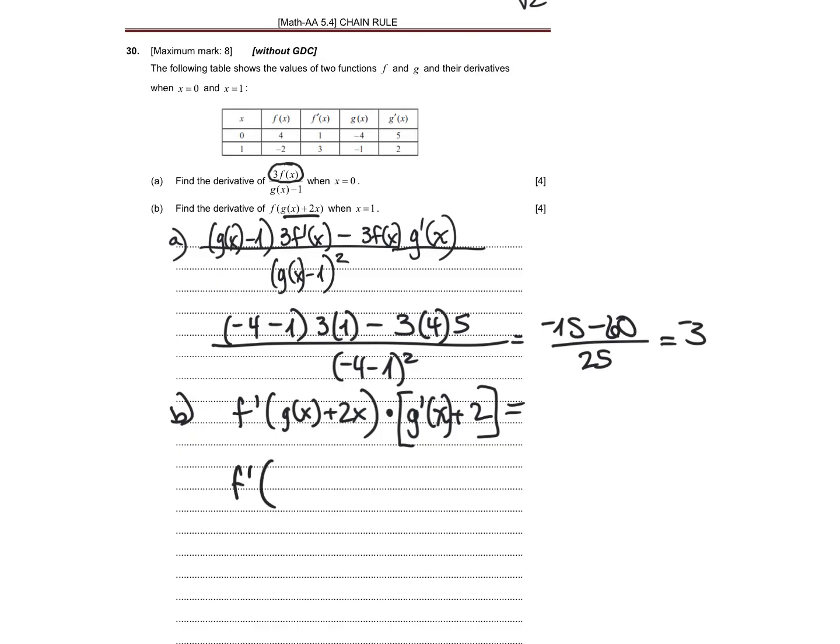So g at 1, sorry, g at 1 is negative 1 plus 2 times 1, which is 2. Times, okay, now we have g prime at 1, which is 2, plus 2. All right, so now we have f prime at 1. f prime at 1 is 3 times 4, which is 12.